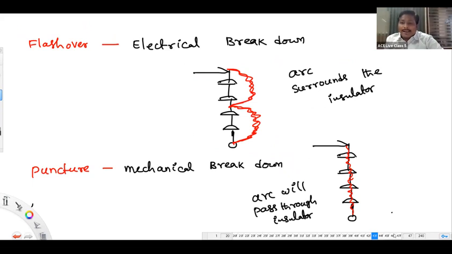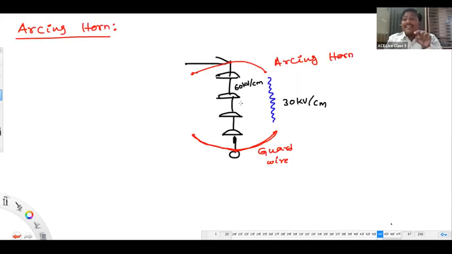By that way, the life of the insulator is increased. So the combination of arcing horn and guard wire moves the arc away from the insulator string during over voltages, so that the insulator is saved from damage. Following all of you?